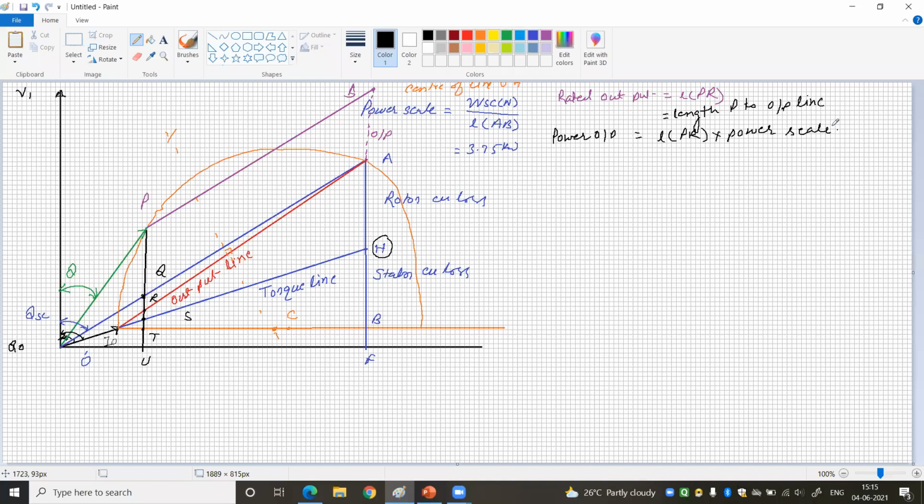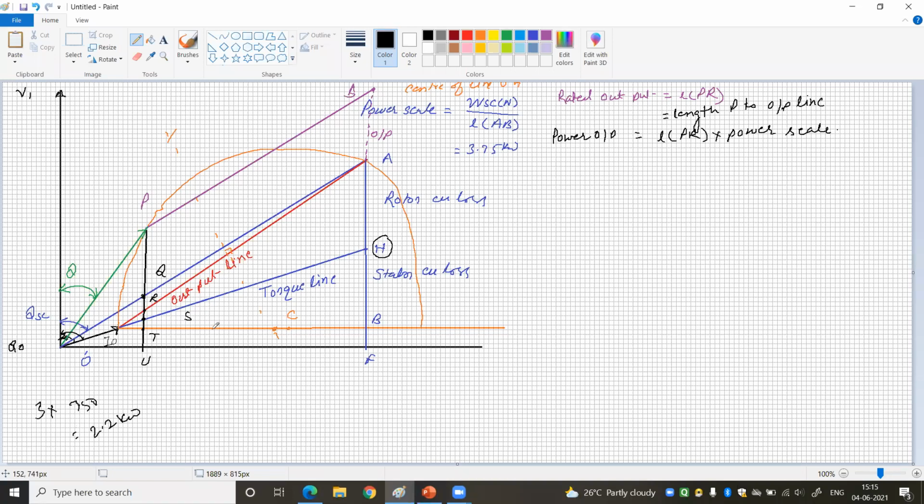Say for example, the output power length is 3 centimeters, and the power scale is 1 centimeter equal to 750 watt. So it is 750 multiplied by 30, which is equal to 22 kilowatt, isn't it? So by this way, the output of the motor is 22 kilowatt.